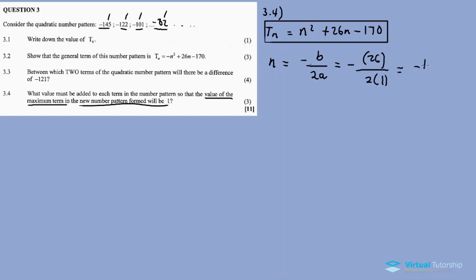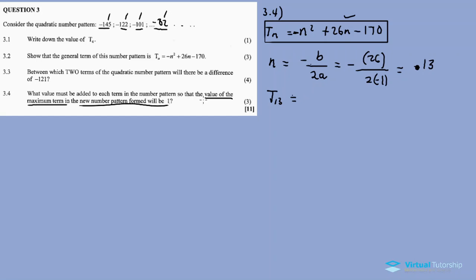It's negative, so negative divided by negative is positive. So it's positive 13. The 13th term is our maximum term in our quadratic pattern. So our 13th term is the maximum term.